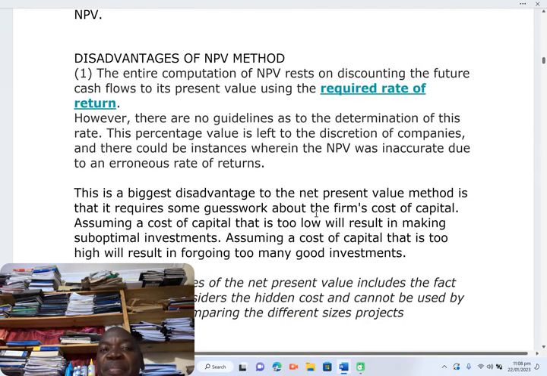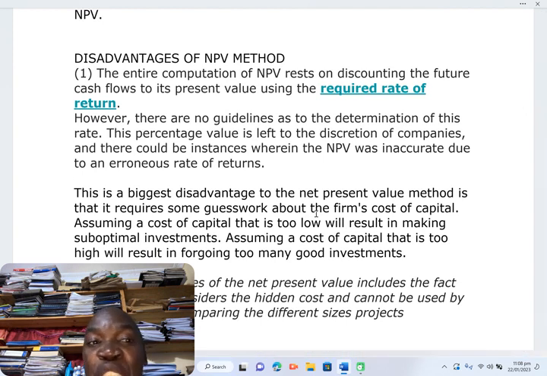Now, what happened? There is no guideline as to the determination of this rate. This method does not provide how we determine the required rate of return. So the rate is left to the discretion of companies, and there could be instances where NPV is inaccurate.